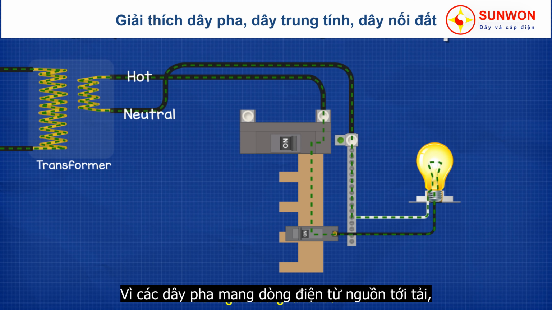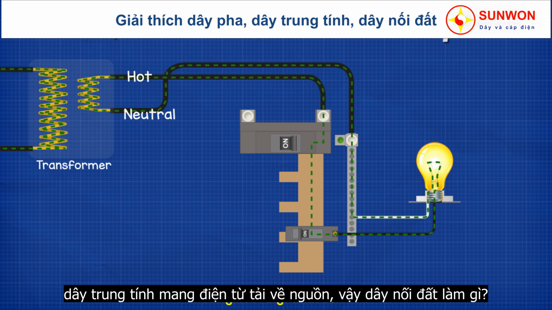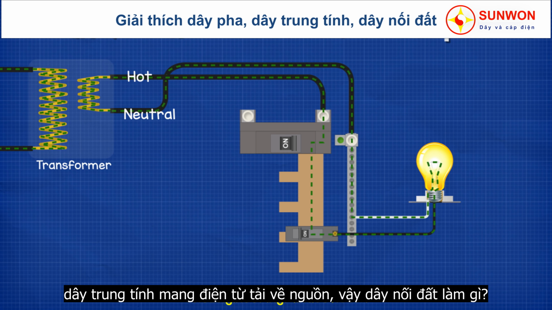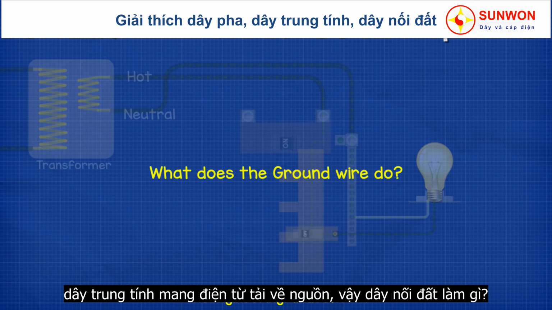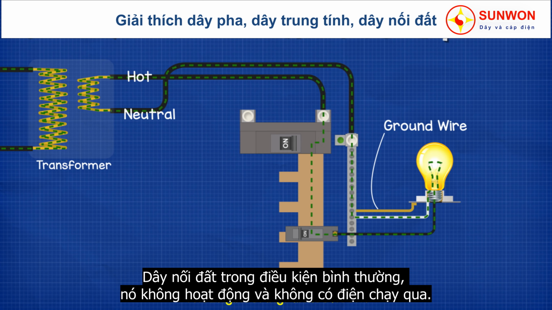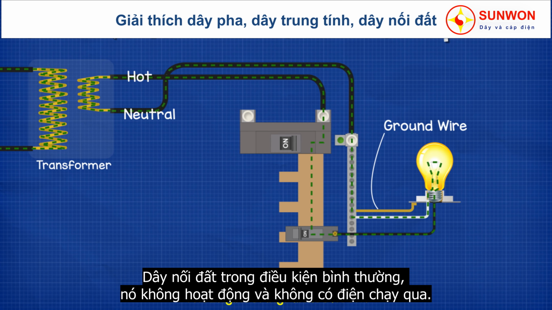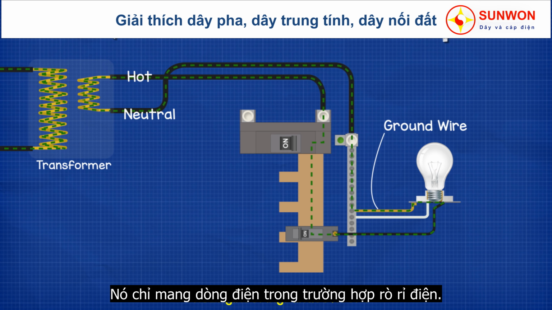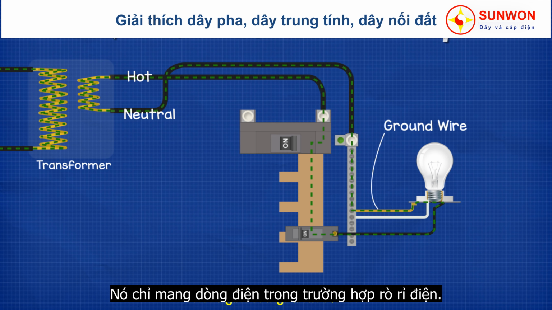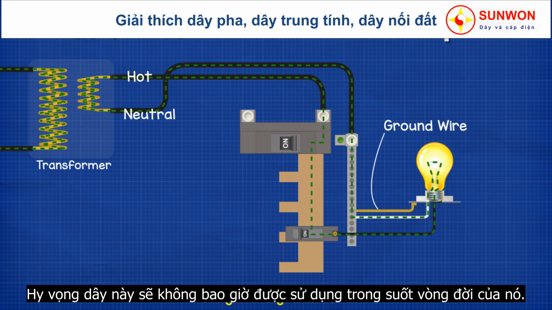Okay, so the hot wires carry the electrical current from the supply and over to the load, and the neutral wires carry the electrical current from the load and back to the supply. So what does the ground wire do? The ground wire, under normal operating conditions, will not carry any electrical current. This wire will only carry electrical current in the event of a ground fault. Hopefully, this wire will otherwise never ever be used at all in its entire life.